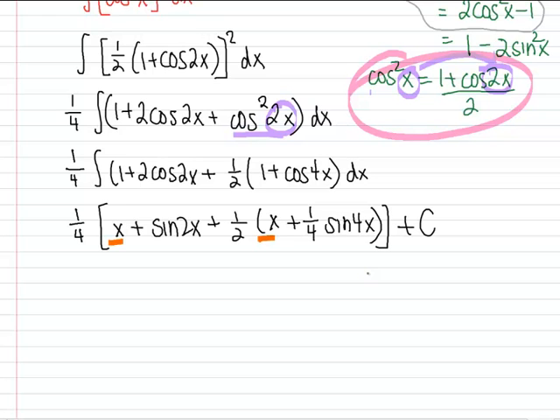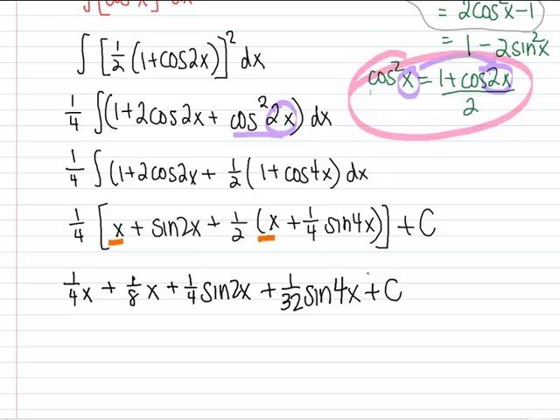So here I have 1/4 x plus 1/4 times 1/2 x, so that's 1/8 x, plus 1/4 sine 2x, plus 1/4 times 1/8, so 1/32 sine 4x plus c. I'm just going to put these two things together and then write out my final answer.